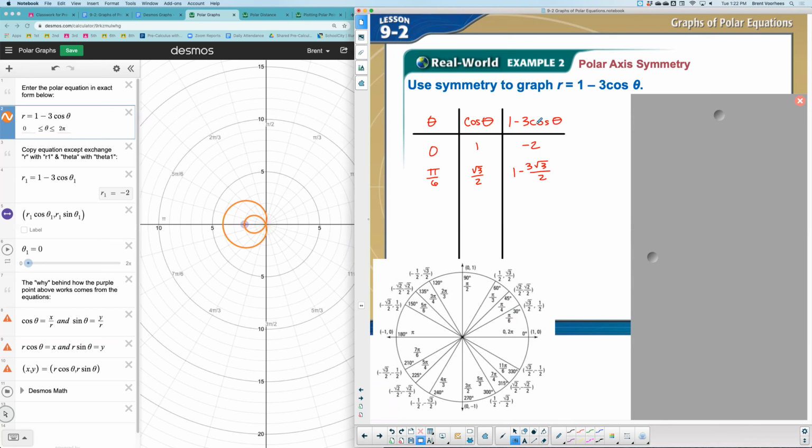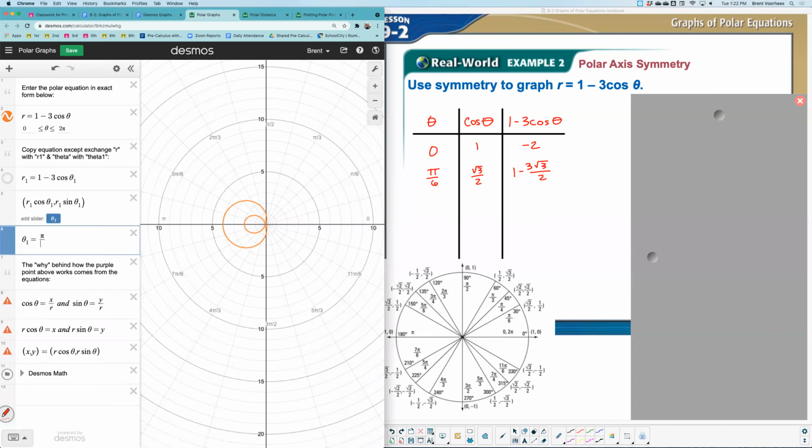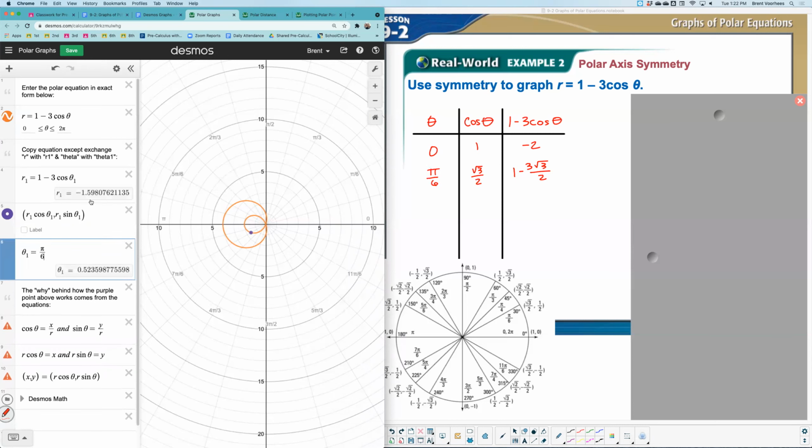I just multiplied the cosine by 3. And so that is also going to be a negative value, and that's what that value is right there for pi over 6, -1.59. And so at pi over 6, I'm moving away from it that amount. And so that's how it works going around.